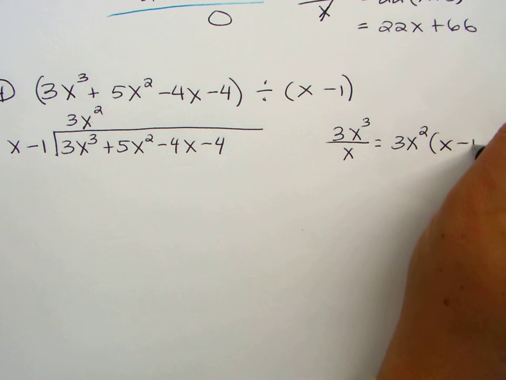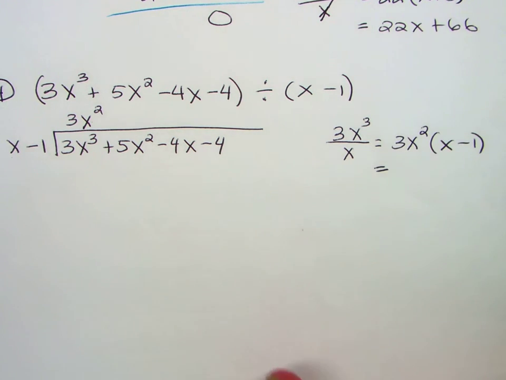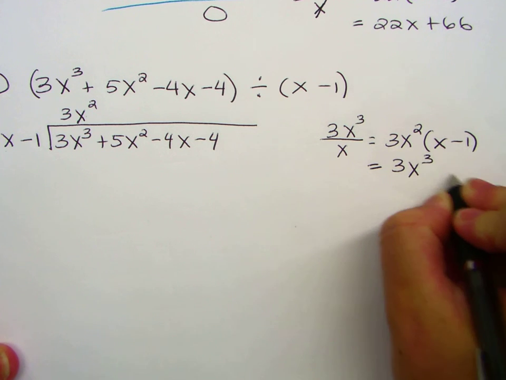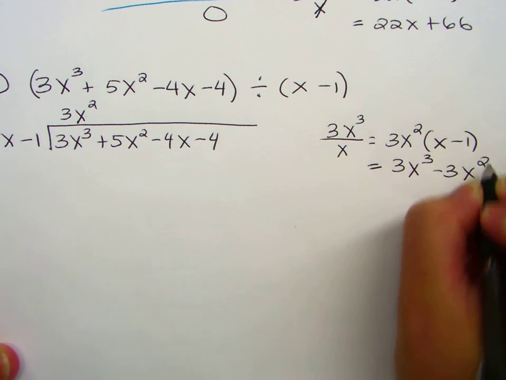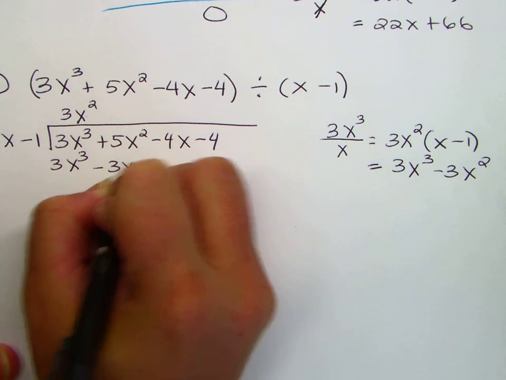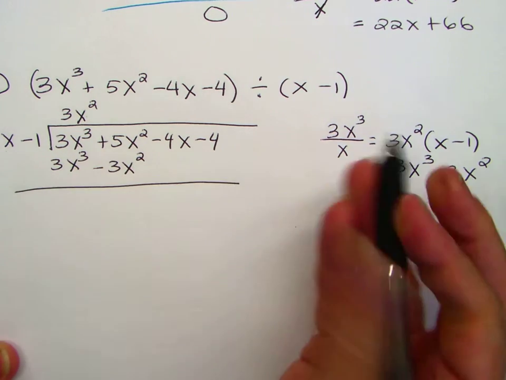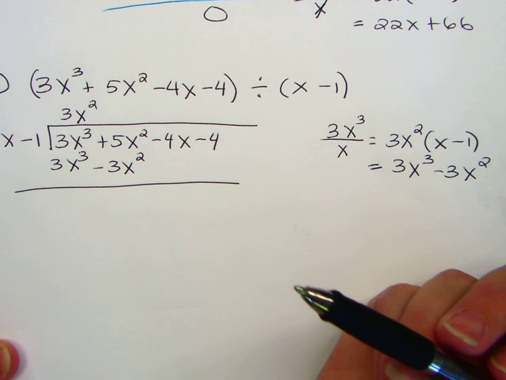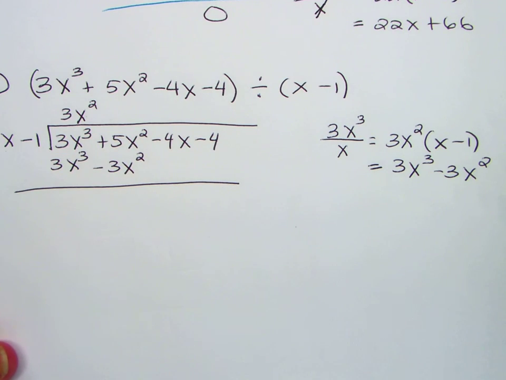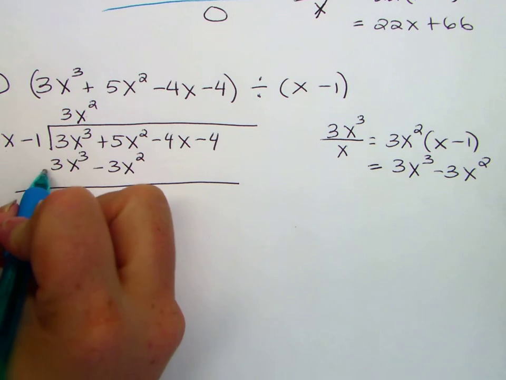I'm going to show my work on the side to make less mistakes. 3x to the third minus 3x squared. Now you divide. If you put these together, that does not cancel out to 0. That's 6x to the third. We change the sign to cancel. I'm changing the sign.